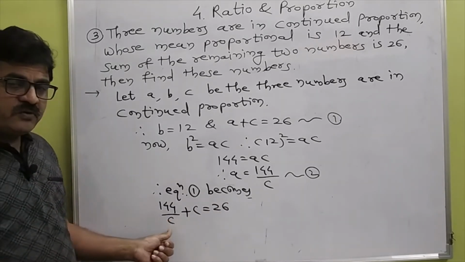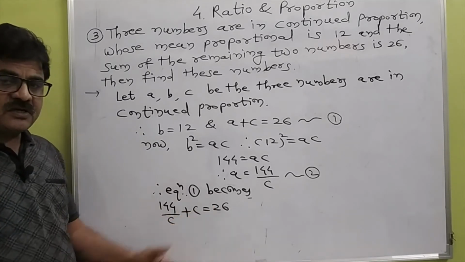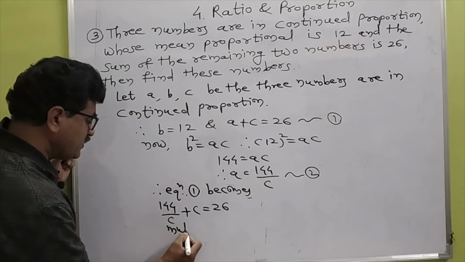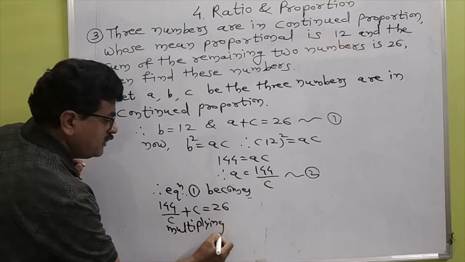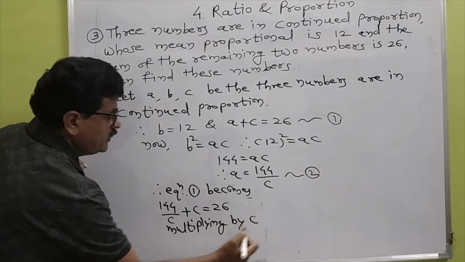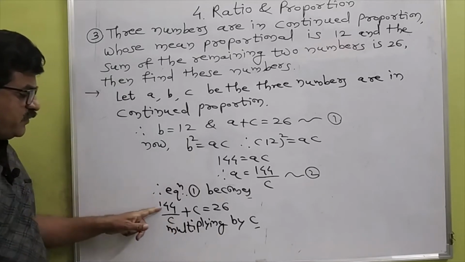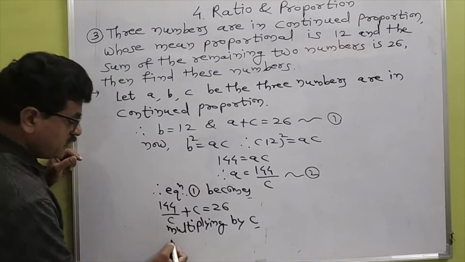Now we have to remove this C. Therefore, multiplying each term by C. Now we get 144 upon C into C, C gets cancelled.